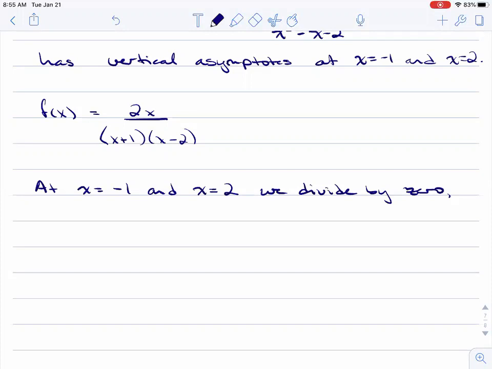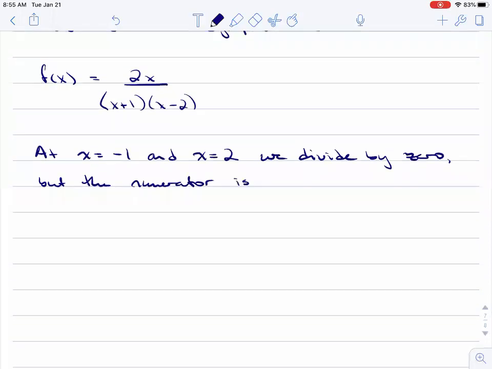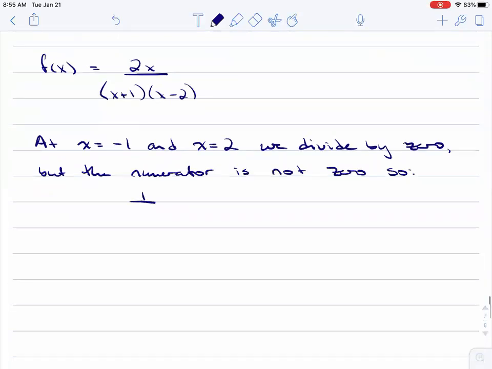Big being infinity eventually, or actually never, but that's the problem with infinity, right? But the numerator is not 0. So we have that same situation of 1 over a small number is a big number.